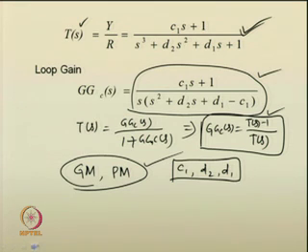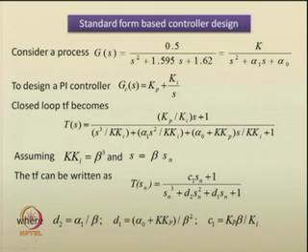Let us go to the simulation study, where we will make use of the standard form based controller design. A third order standard transfer function will be used to design a PI controller for an all pole SISO process.